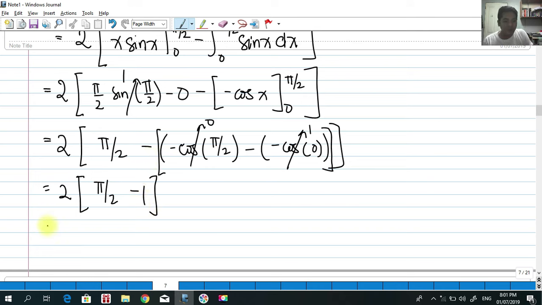So simply, we have 2 pi over 2 minus 2. Our answer is actually pi minus 2. So this should be our answer for the definite integral of x squared sine of x evaluated from 0 to pi over 2.